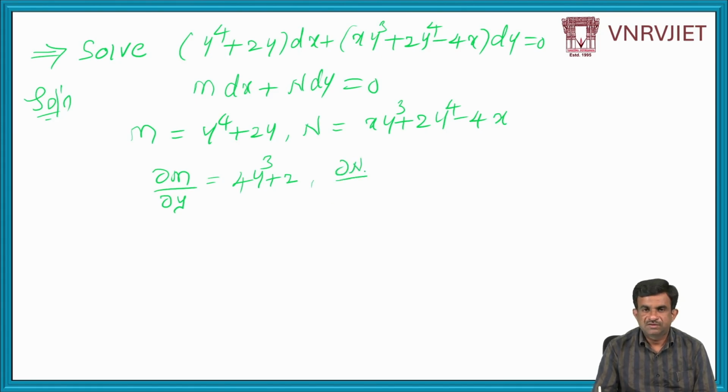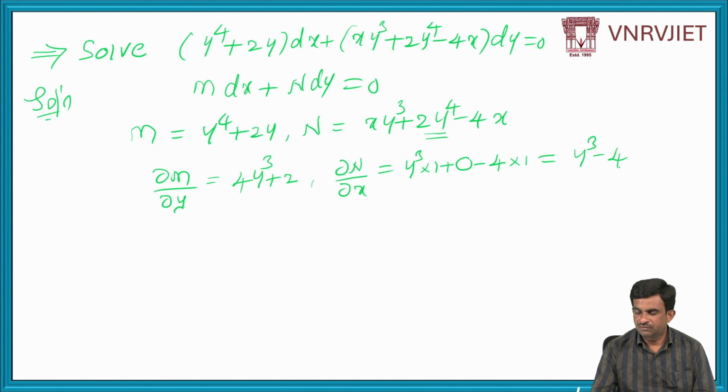And differentiation of N partially with respect to x: y³ is constant into 1, the derivative of x is 1, so completely this is constant, the derivative is 0, minus 4 into the x derivative is 1. So it is equal to y³ − 4. So here ∂M/∂y is 4y³ + 2, ∂N/∂x is y³ − 4, we got here.